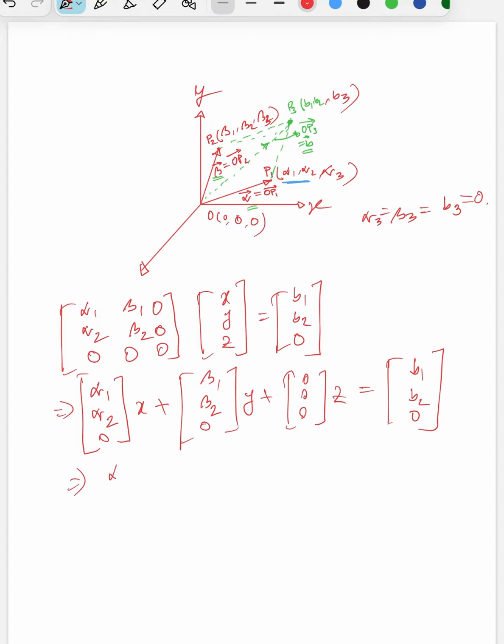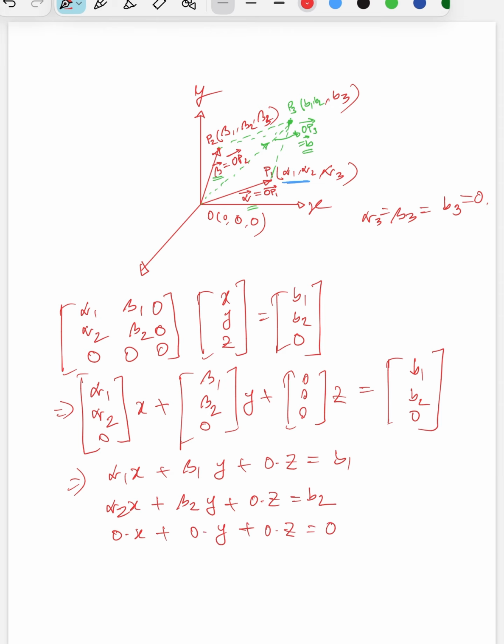Which turns out to be alpha 1 x plus beta 1 y plus 0 into z is equal to b1, alpha 2 x plus beta 2 y plus 0 into z equal to b2, and 0 into x plus 0 into y plus 0 into z equal to 0.